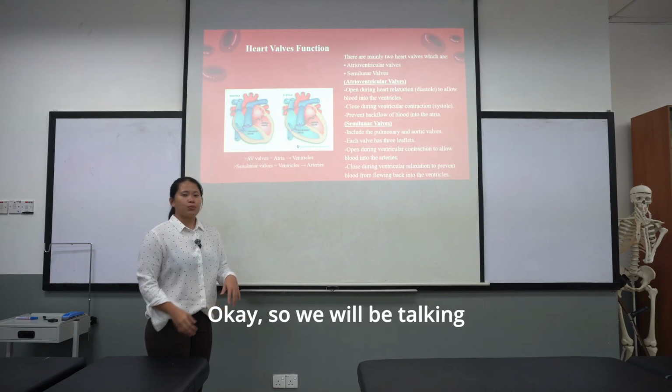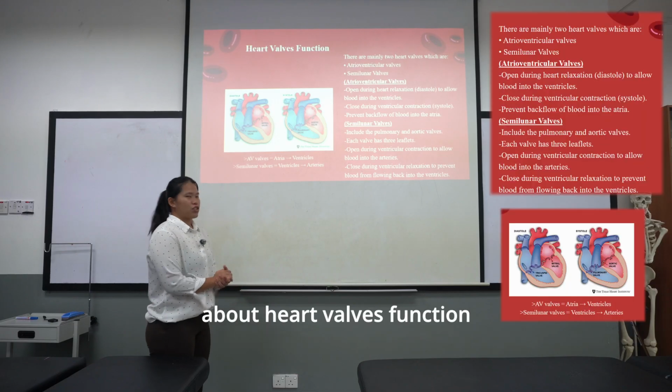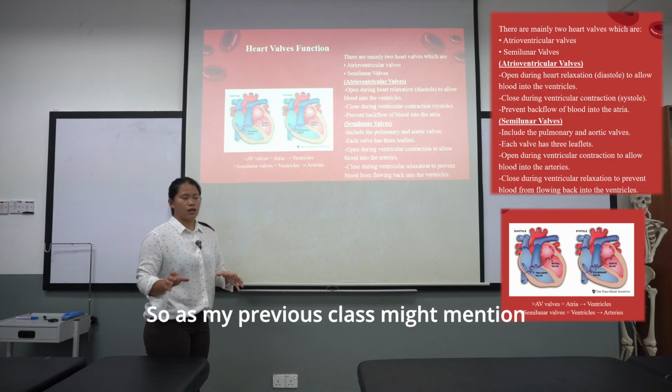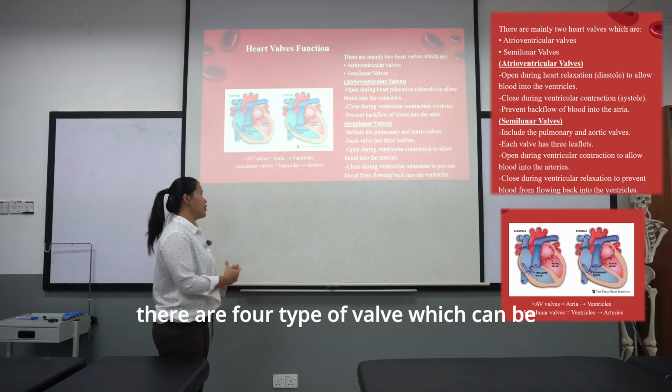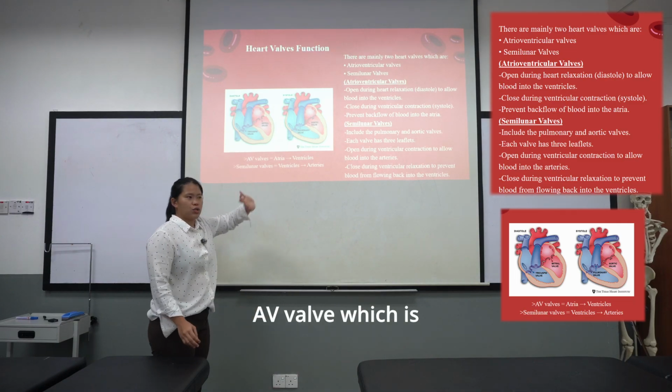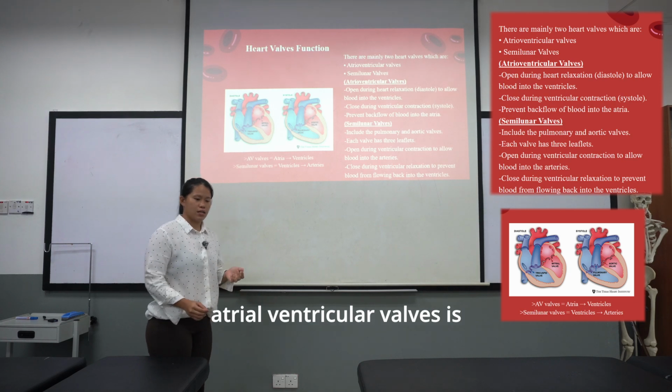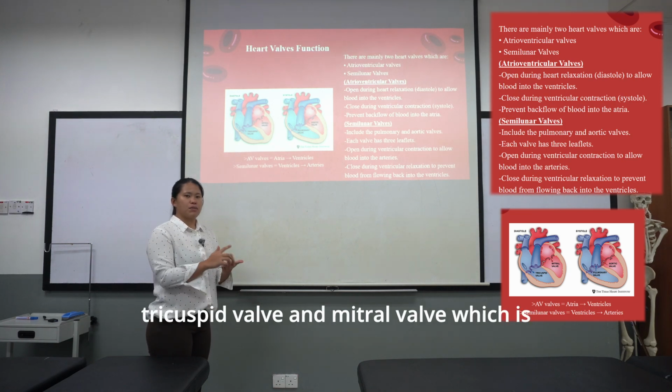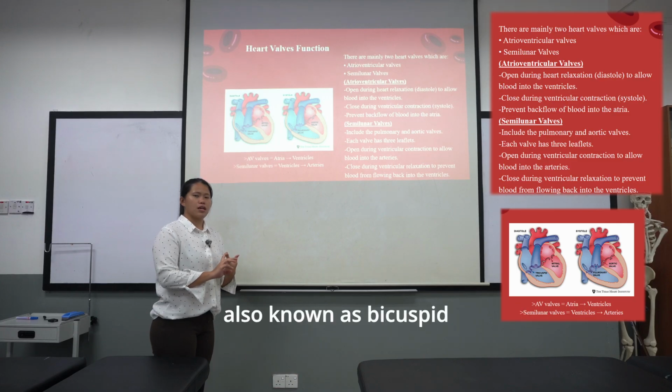Okay, so we will be talking about heart valve function. As my previous classmate mentioned, there are 4 types of valves, which can be classified into AV valves and semilunar valves. AV valves, which are atrioventricular valves, are the tricuspid valve and the mitral valve, which is also known as bicuspid.